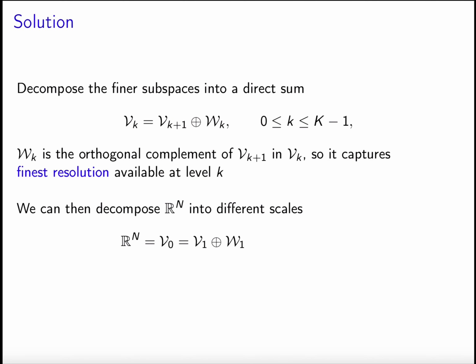So let's think about it slowly. Here, this guy includes vectors that are arbitrary because they are constant on intervals of length 1. We're going to divide this into the vectors that are constant on intervals of length 2.